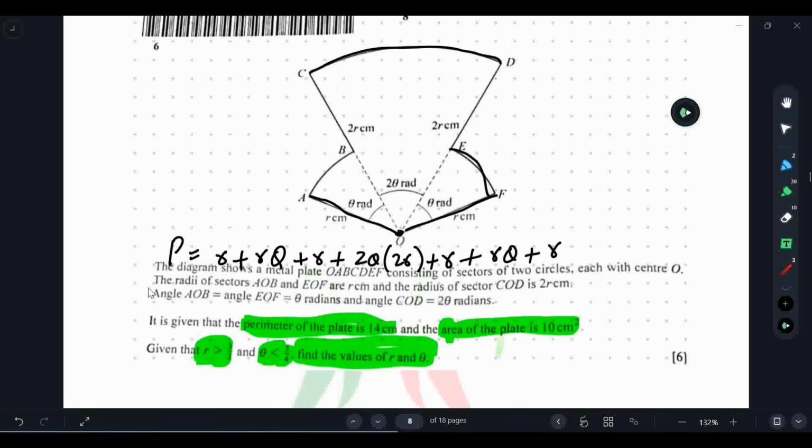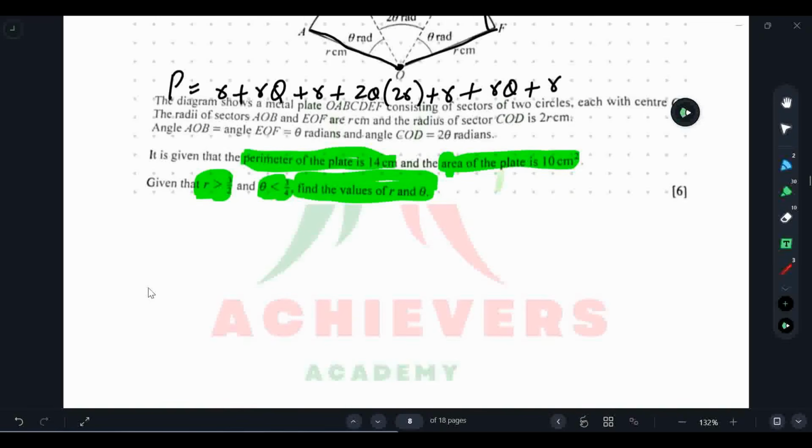This will be r. Now if we simplify it, how can we simplify it? This will be 14 is equal to, now we have 4 r's, 1, 2, 3 and 4.